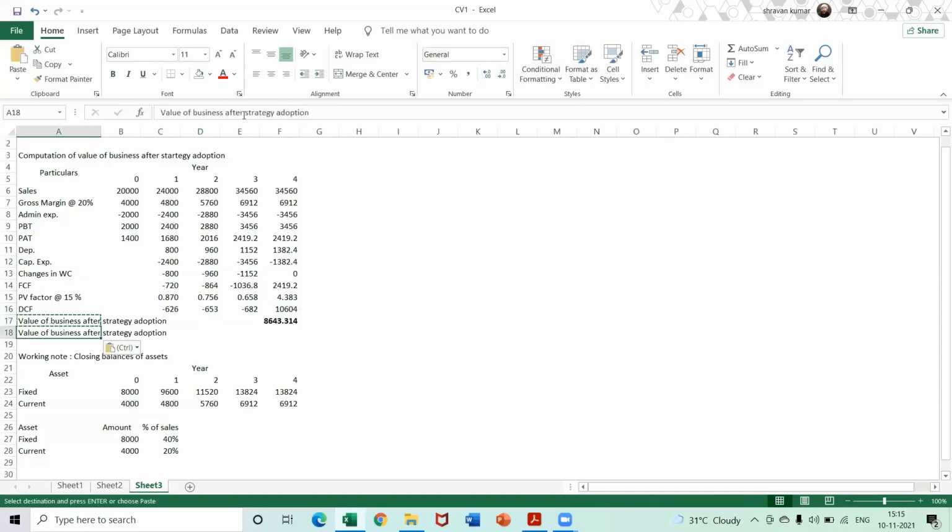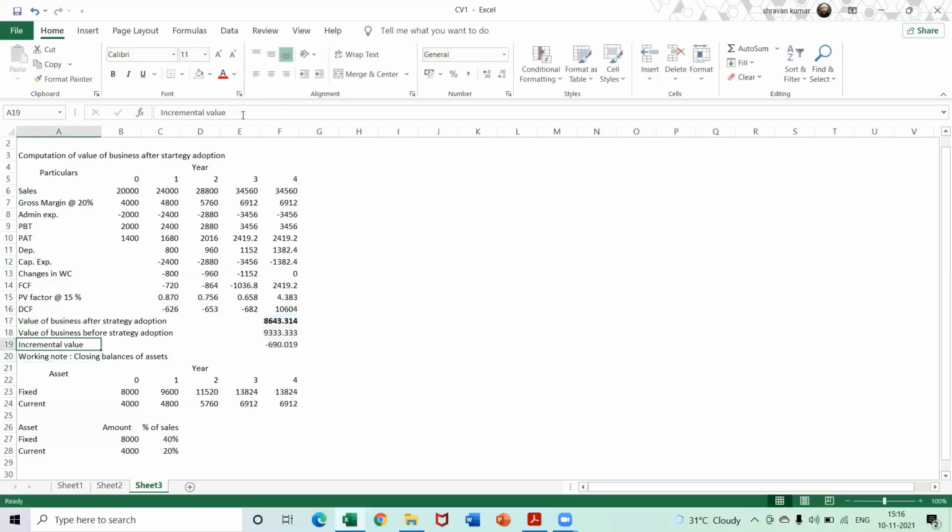So what is the value before adoption? As I said earlier, it is 1400 by 0.15. That is the pattern. So what's the incremental value? There's no incremental value. It was more earlier.